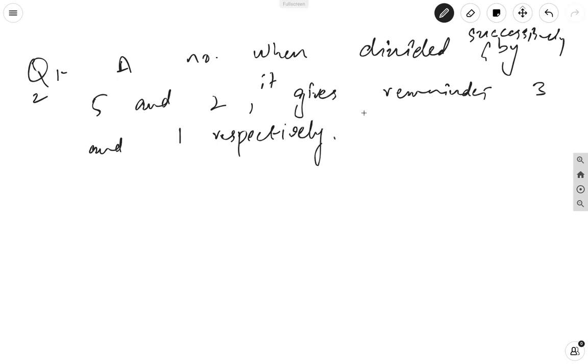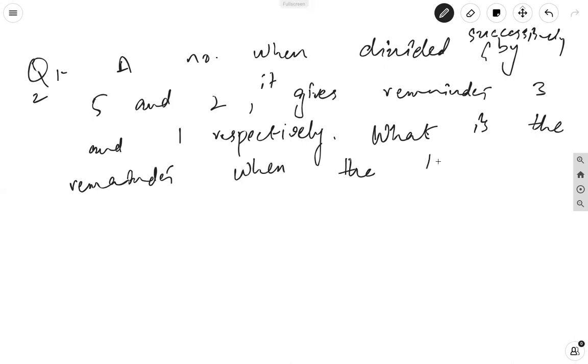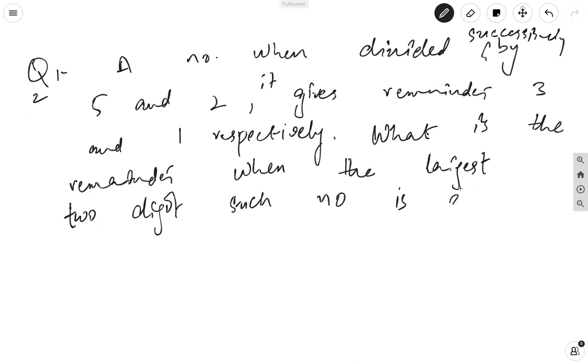The question is, what is the remainder when the largest two-digit such number is divided by 12?